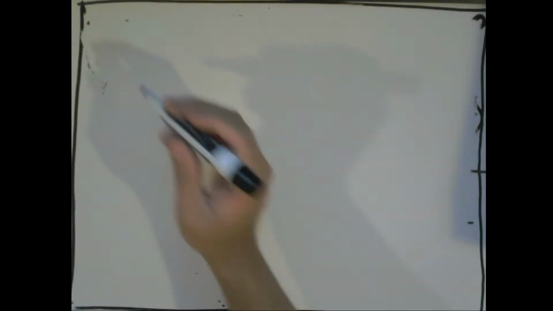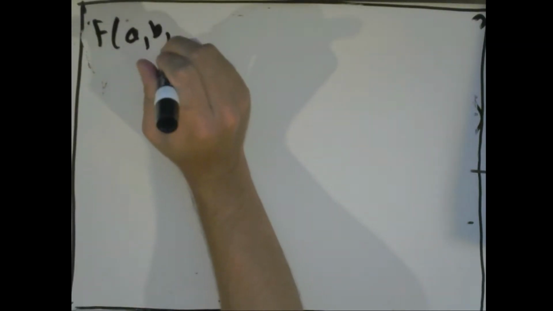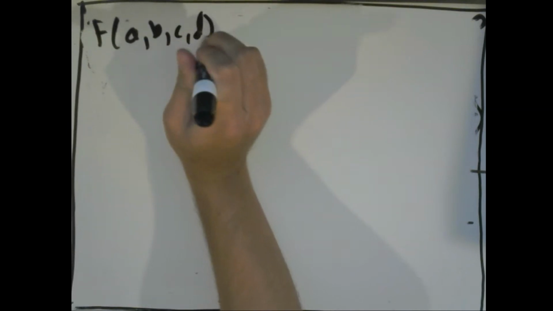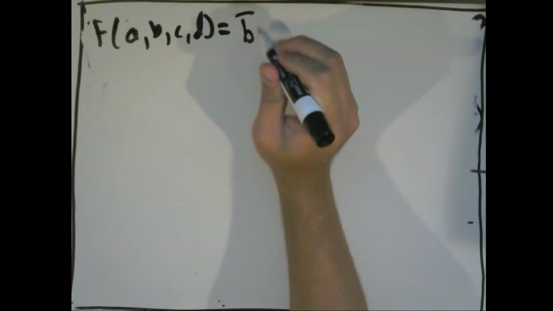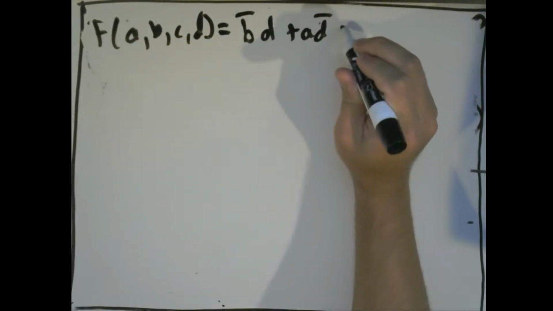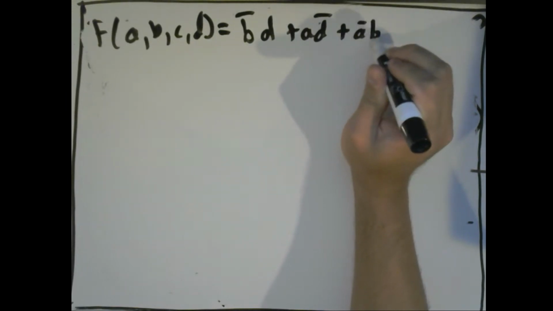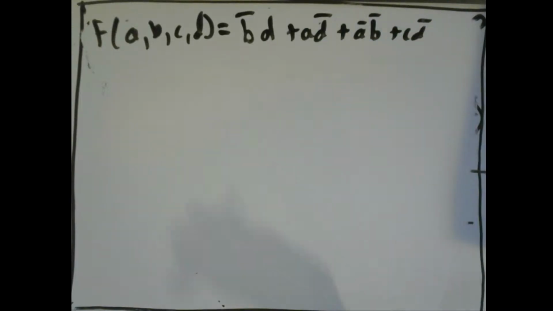So let's say we have a function of A, B, C, D, and it's B naught D plus A D naught plus A naught B naught plus C D naught.